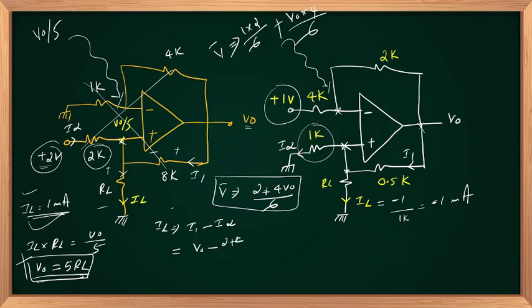So 2 plus 4 V out upon 6, all divided by 0.5K, minus I2, which is V plus minus 0 by 1K. V plus is 2 plus 4 V out by 6 multiplied by 1K in the denominator. That value will give you IL.